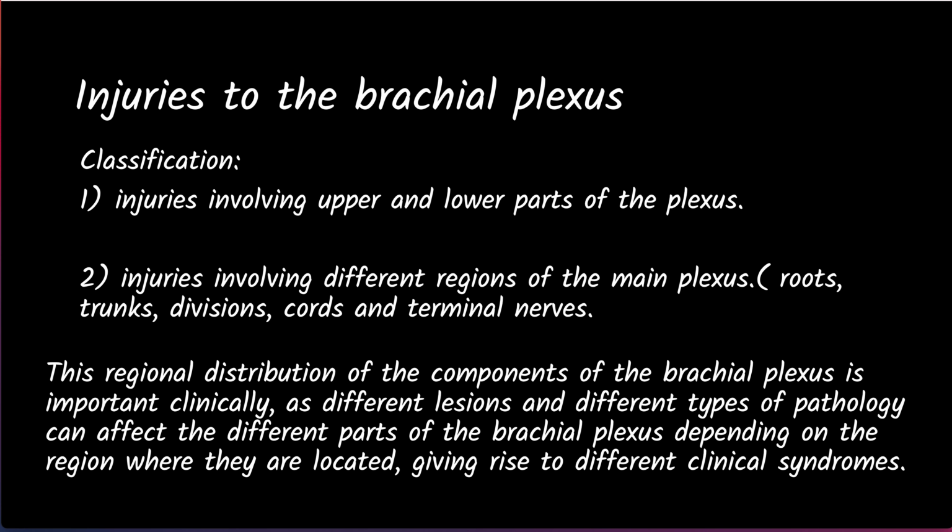The regional distribution of the components of the brachial plexus is important clinically, as different lesions and different types of pathology can affect different parts of the brachial plexus depending on the region where they are located, giving rise to different clinical syndromes. So the patient will not come and tell you, I have an injury in my median nerve, I have an injury in my ulnar nerve.